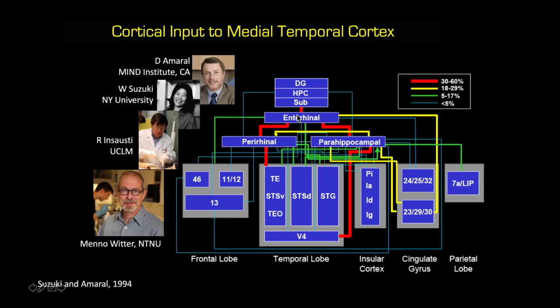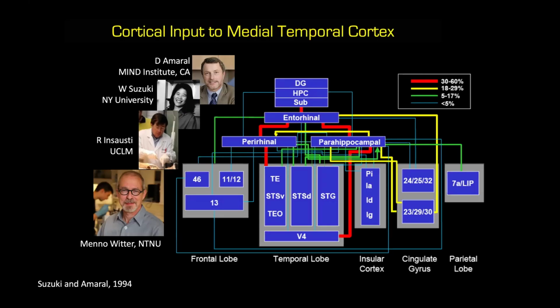And most of these connections, I would say all of these connections, go back in the same way that they come in. And when I say in the same way, I mean in terms of the density of the projections. You can see here in this inset that the thickness of the arrow is related to the density of the projection.